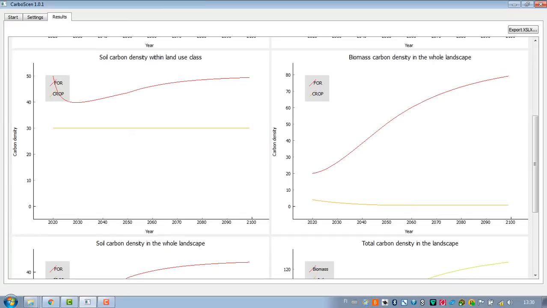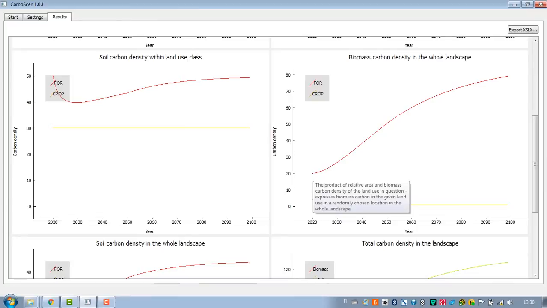For example, this orange line is average carbon density in the whole landscape, not only in forests, but carbon in forests in the whole landscape per hectare, for example, if that's your unit, like in our case.